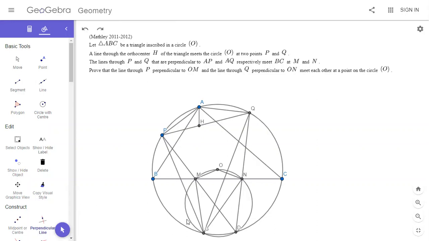So if we don't know yet that O lies on the circle, we can define G to be the intersection of the circumcircles of DMN and DPQ.